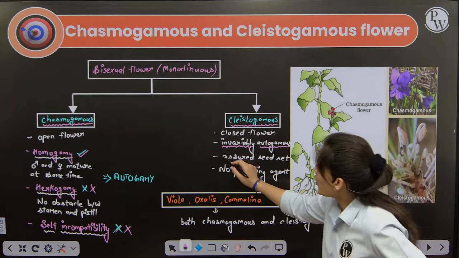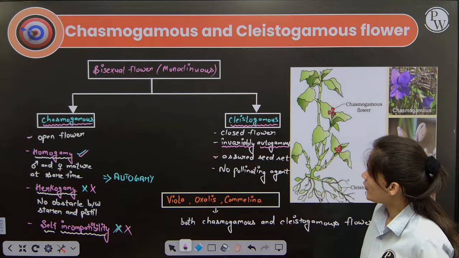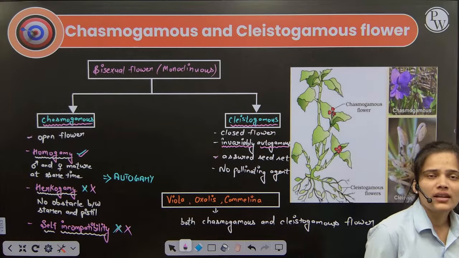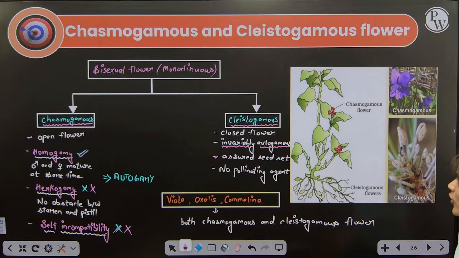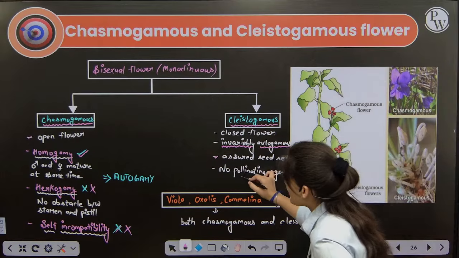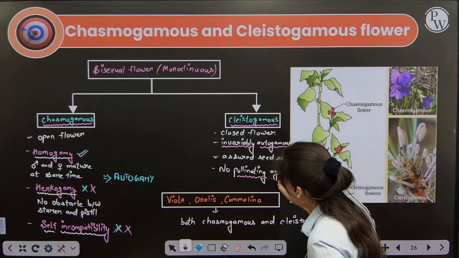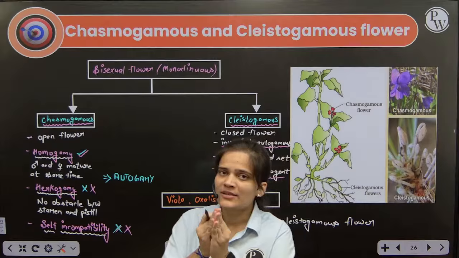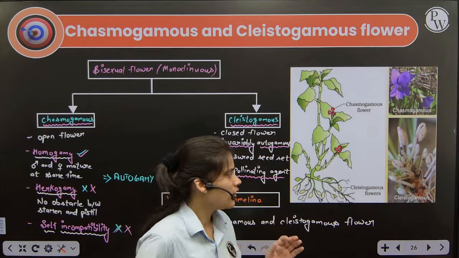They provide assured seed set formation. Also, there is no requirement of any pollinating agent, because the male and female parts are present within that closed flower.